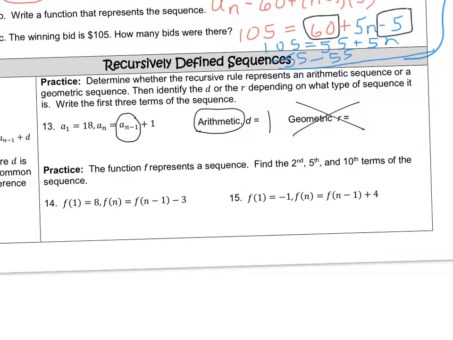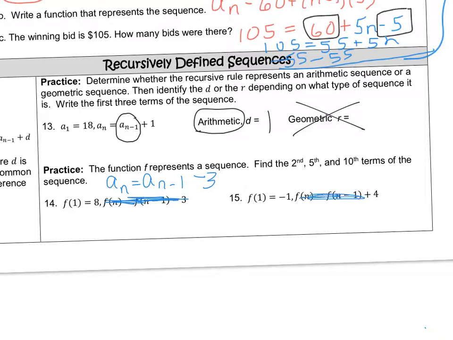Then if we look at number 14 and 15, we need to go ahead and first rewrite this formula. So crossing this out, we're looking for a sub n when a sub n minus 1 minus 3.